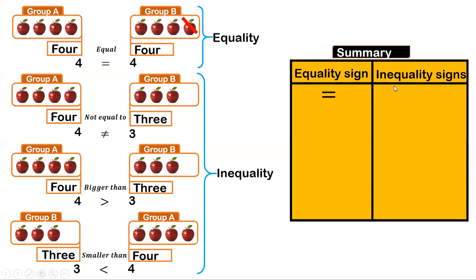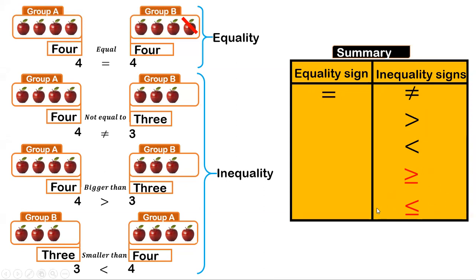Then the inequality signs, we have not equal to, bigger than, smaller than, and then we have 2 special signs of inequality. We have this one, we call it bigger than or equal to, and then we have this one, which is smaller than or equal to. And we shall look at these 2 signs more in our next video.